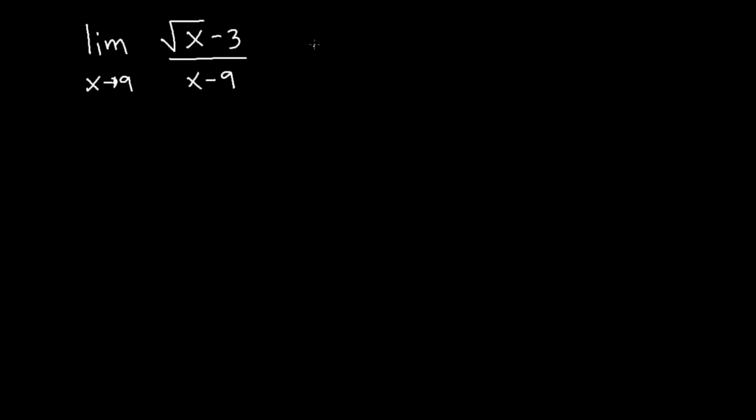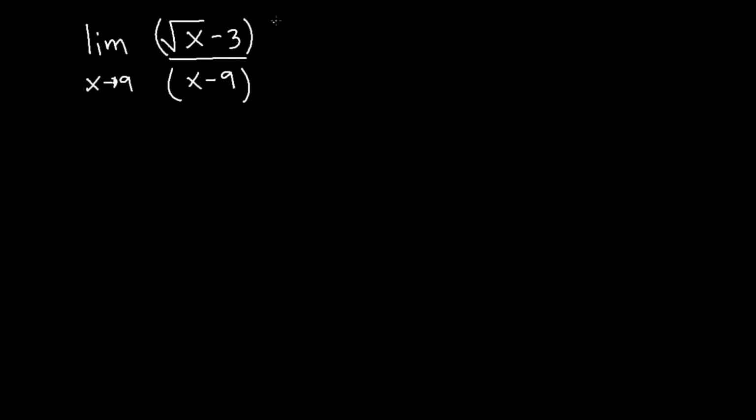Next is, what if what you are given has a radical? So what you will do is, since there is a square root in your numerator, you multiply both numerator and denominator by the conjugate of whichever term has the square root.